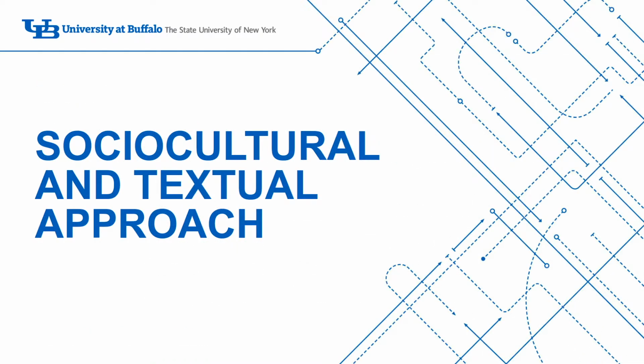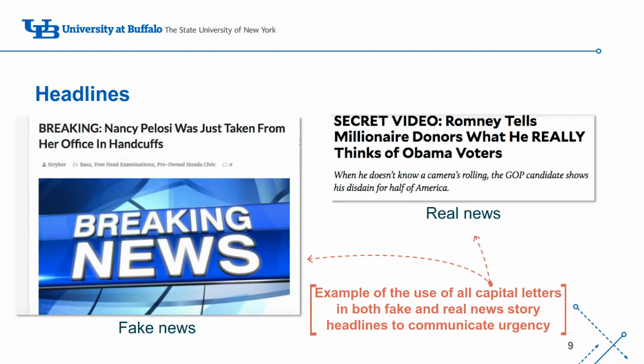So let's check our social, cultural, and textual approach. For this direction, we have been analyzing the data using different scenarios. So first of all, we have been checking the headlines.